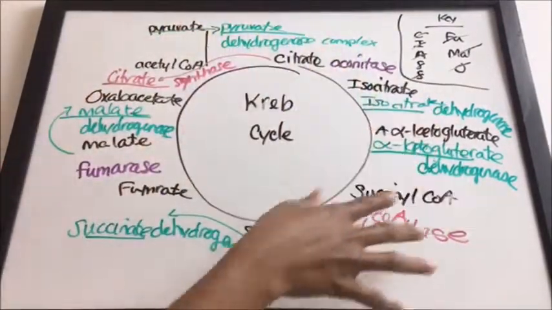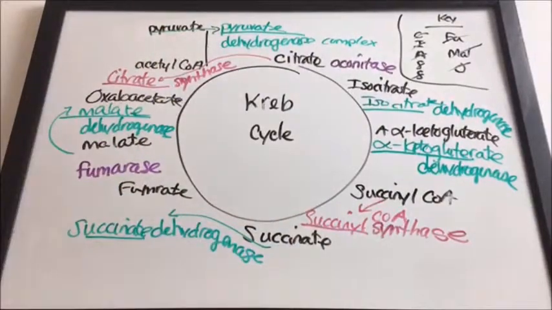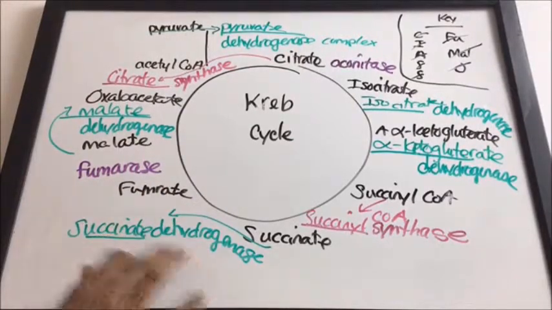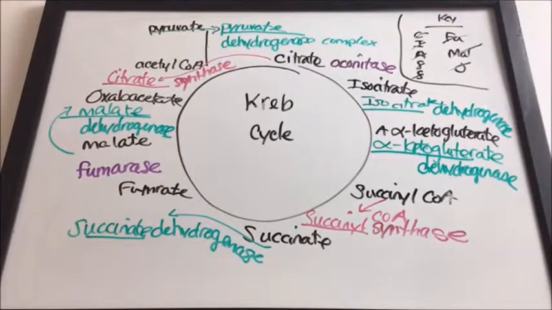So you fill in dehydrogenase, and then you just fill in the names of the substrate previous to the enzyme. And you have your Krebs cycle with your substrates and with your enzymes. Next, we're going to go over the reactions in the Krebs cycle. Stop this video and practice all of your enzymes, and then practice all of the substrates. Practice, practice, practice.